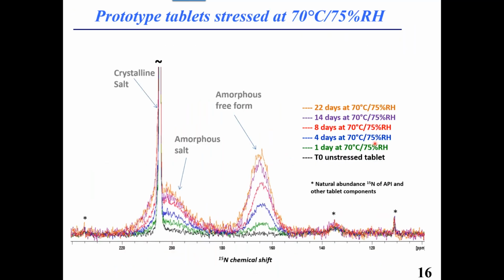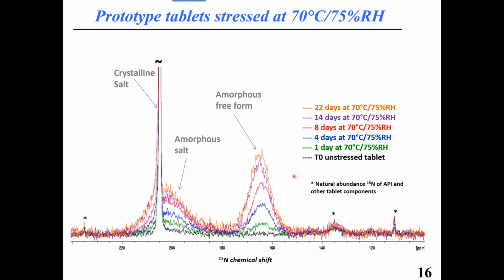So 16, yes. Was DSC used to differentiate the amorphous salt and free form after stressed conditions? DSC may do that on pure drug substance. But again, these are prototype tablets with all the excipients and all the different APIs there.